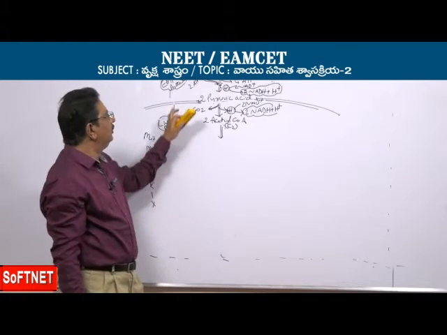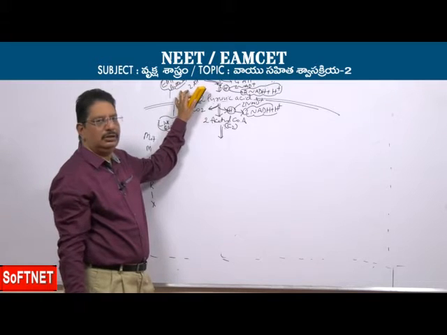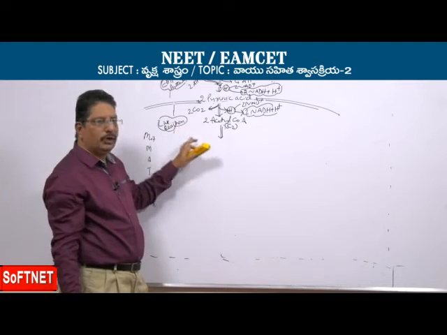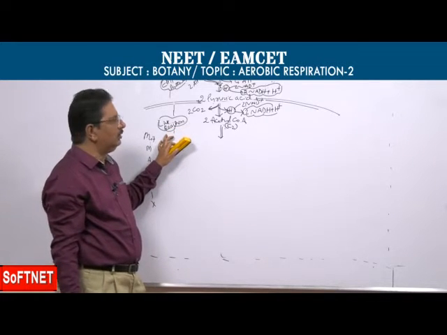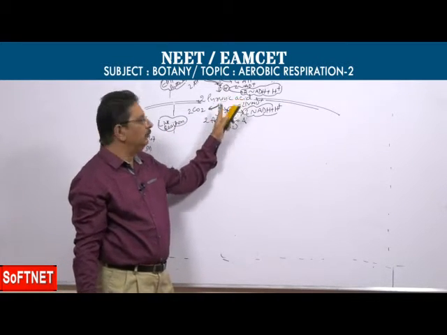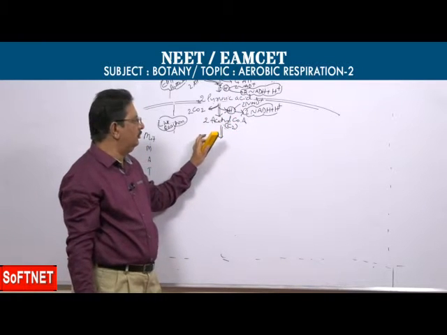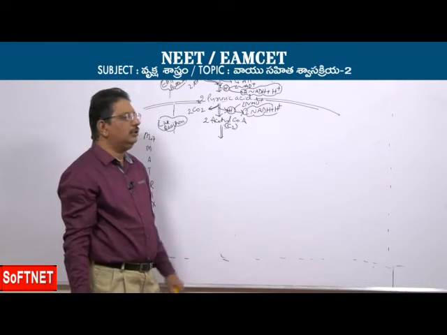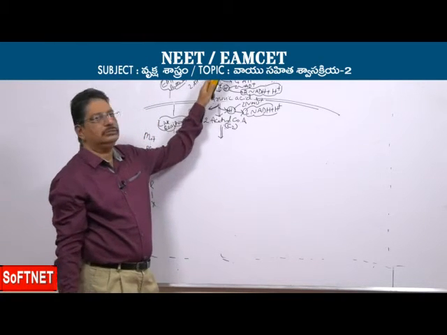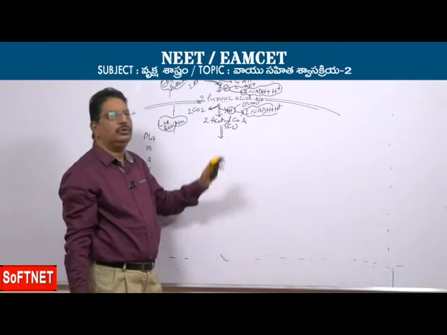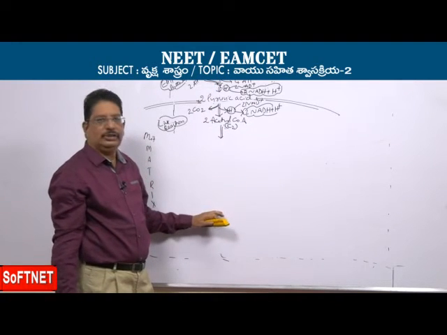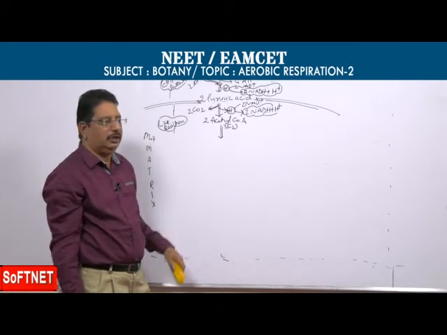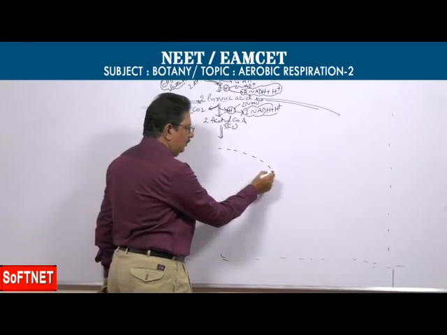So, after the EMP pathway in cytosol, we just witnessed a simple equation or process in the mitochondrial matrix involving conversion of pyruvic acid into acetyl coenzyme A. And this acetyl coenzyme A, which is a 2-carbon compound, a residue of glucose, is going to participate in the next event, which is called TCA cycle, otherwise the Krebs cycle.